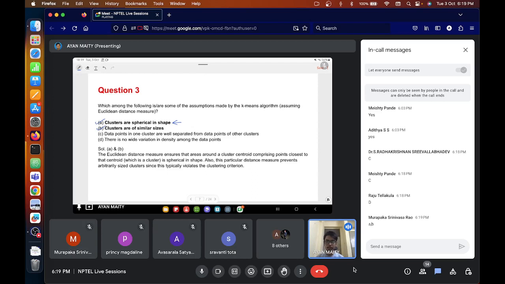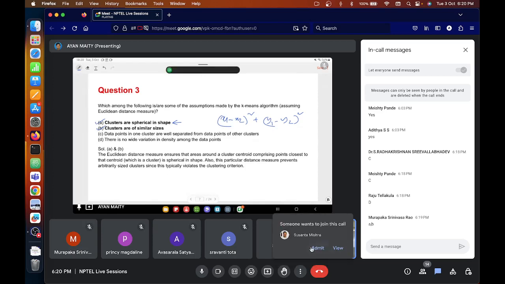The Euclidean distance measure is something like this. This is the Euclidean distance between two points x1 y1 and x2 y2, which is very similar to the equation of a circle or sphere in case of three-dimensional data.